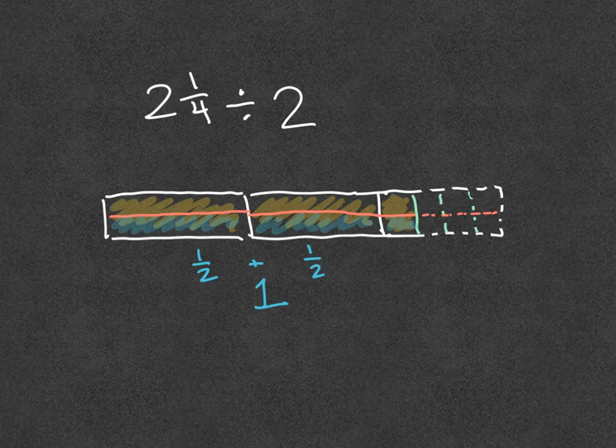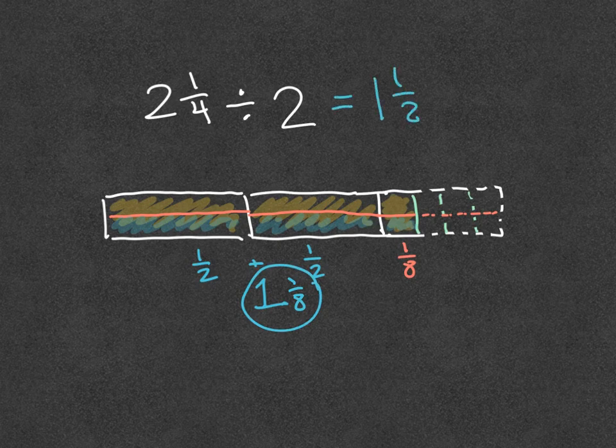So 1 out of 8 equal pieces put together with the 1 whole. The answer in each pitcher, she's going to put 1 1/8 quarts of lemonade. So that's the modeling of that.